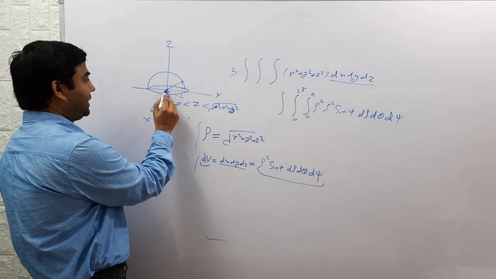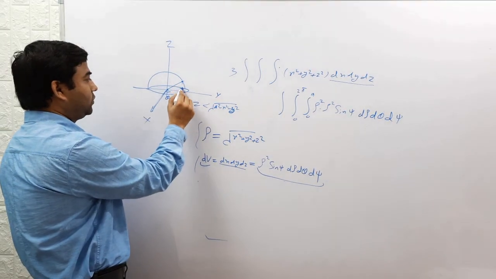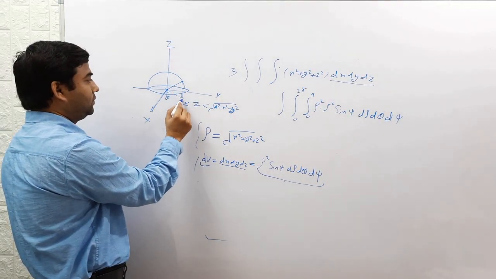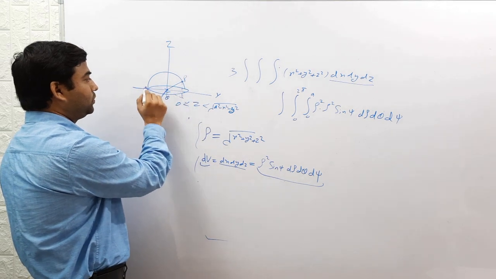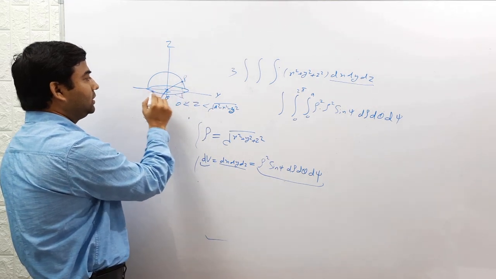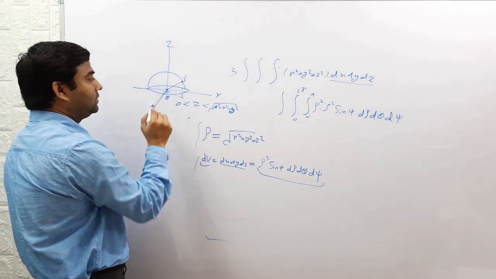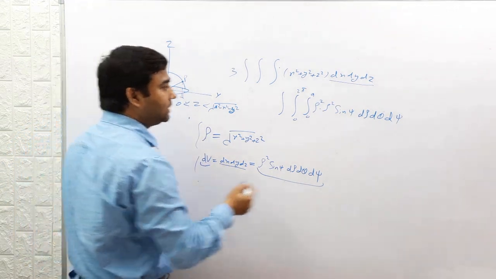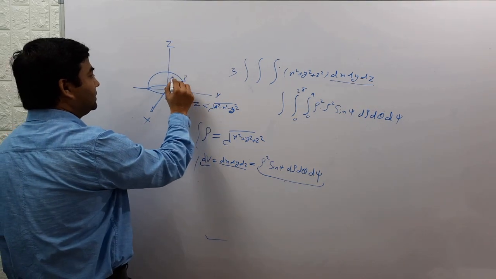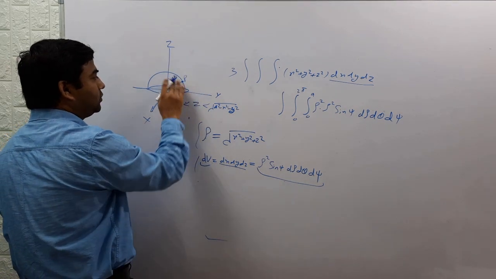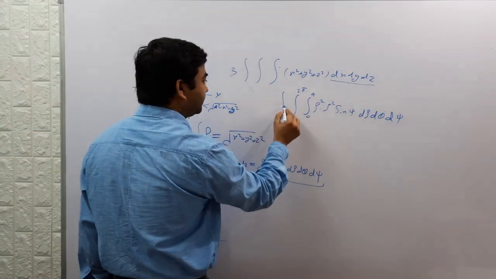Theta is this angle with x-axis from the projection line of this point. So theta will change 0 to 2 pi to cover the whole hemispherical circumference. Similarly, psi is the angle of the point with the z-axis. This is psi. This will change from 0 to pi by 2.